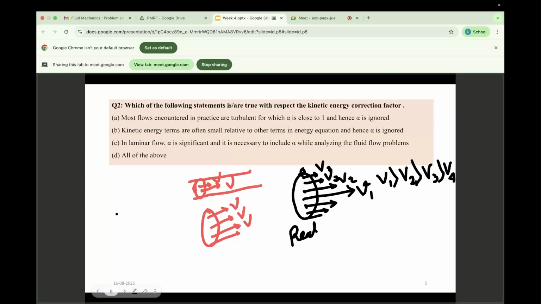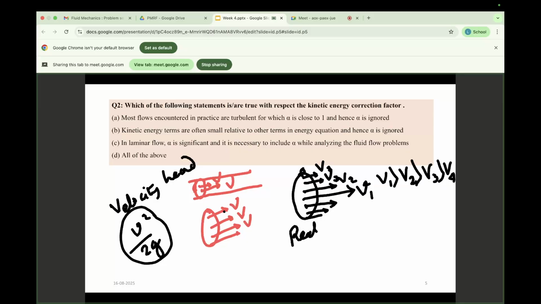So see, in the previous slide I talked about this velocity head, right? This velocity head is v square by 2g. That is the ideal case. But here the velocity is changing at each point.